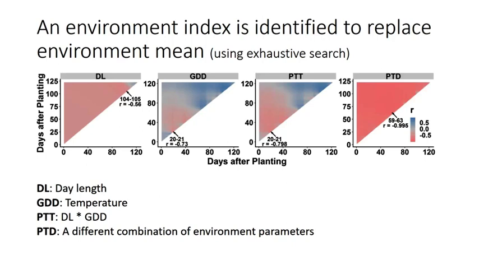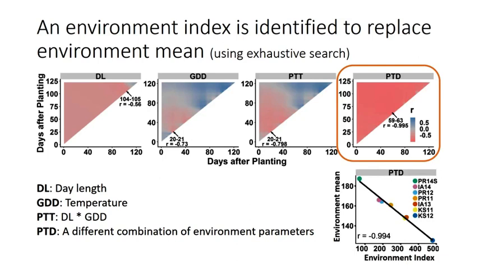We tested 4 parameters: day length, temperature, and PTT and PTD, which are combinations of different environmental parameters. All the data can be obtained from the weather station. We found that PTD has the strongest correlation with the environmental mean.